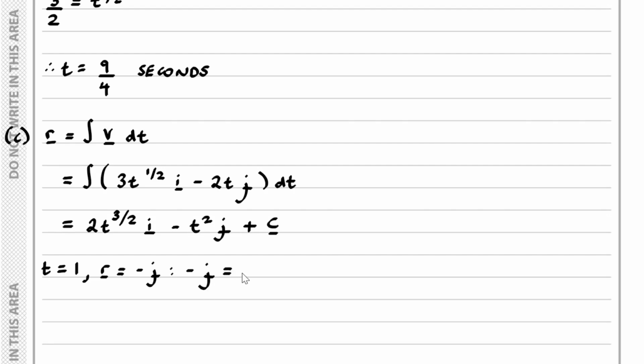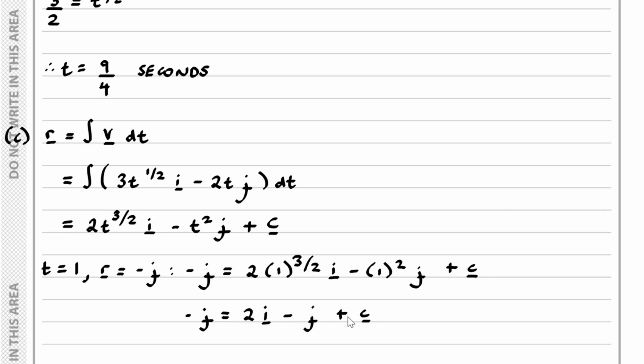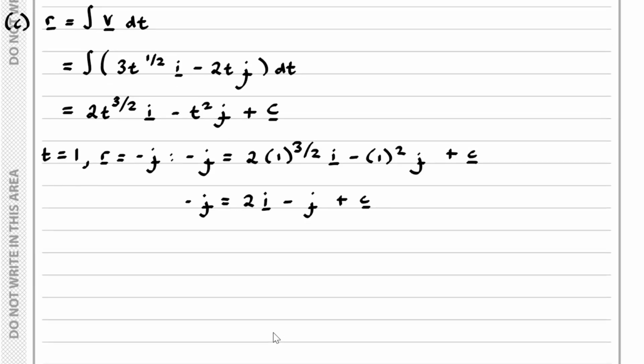So we've got minus j equals 2 lots of 1 to the power of 3 over 2 i minus 1 squared in the j direction plus c. So we've got minus j equals 2i minus j plus c. Of course, the minus j's cancel on both sides, and if we rearrange for c, we can conclude c is equal to minus 2i.